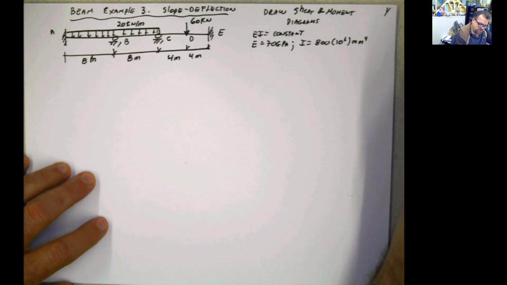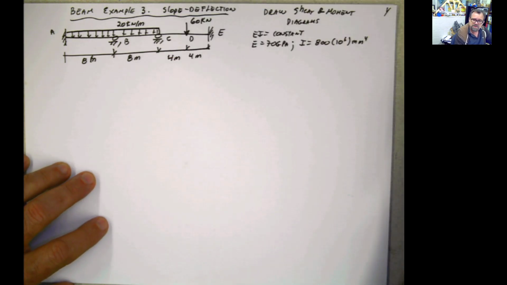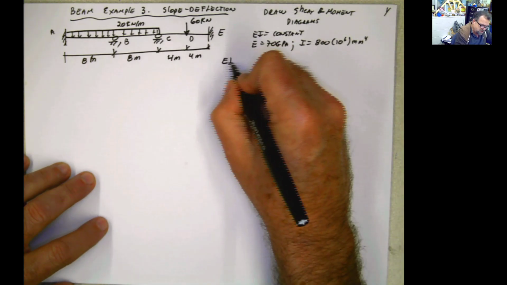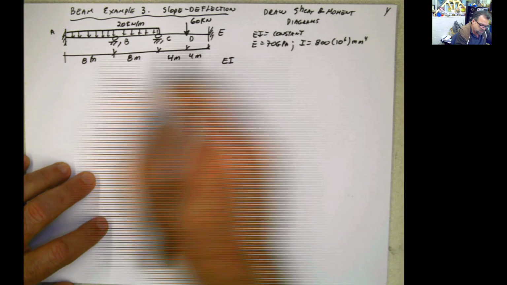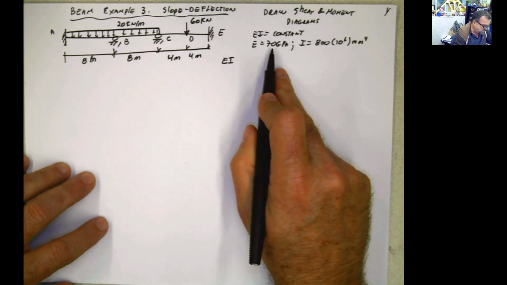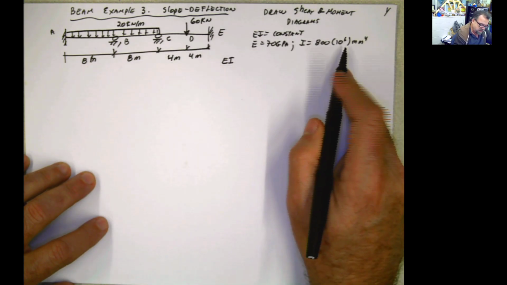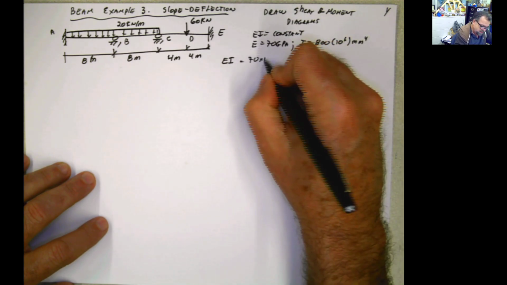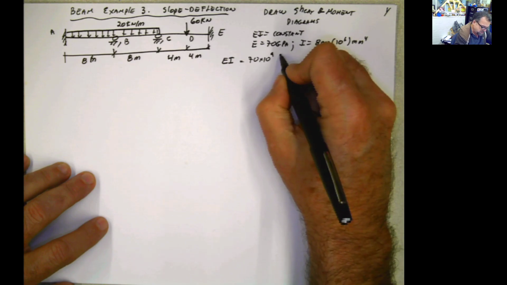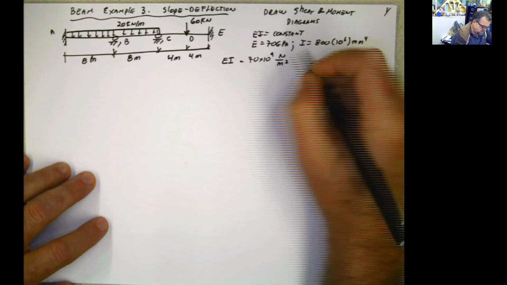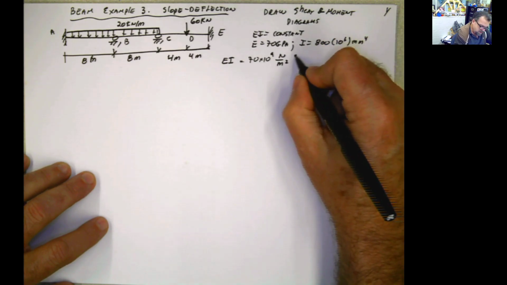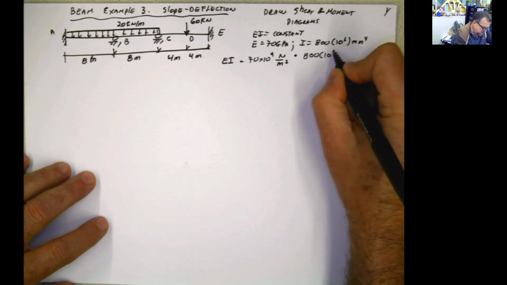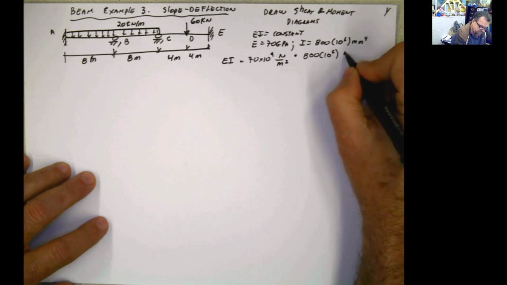The first thing that I'm going to do, just to get rid of it and not deal with it later, is calculate the EI. I know the EI is constant everywhere, and this is my value for E and this is my value for I. So 7 times 10 to the 9 Pascal, which means Newton per meter square, multiplied by 800 times 10 to the 6 millimeter to the 4th.